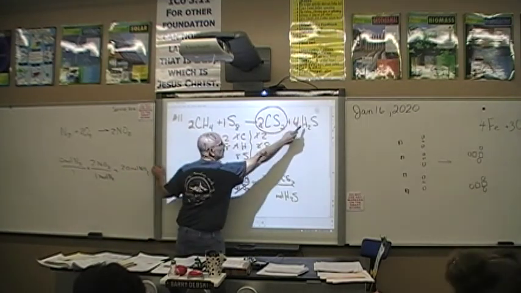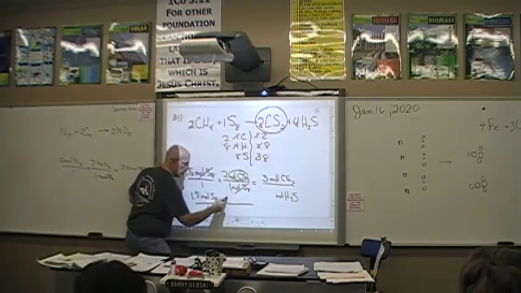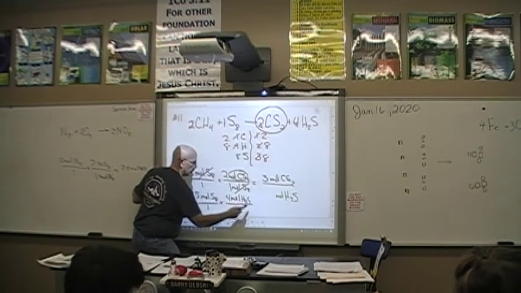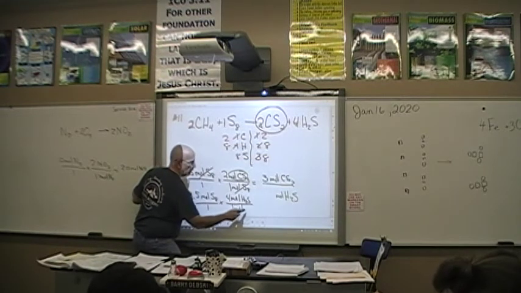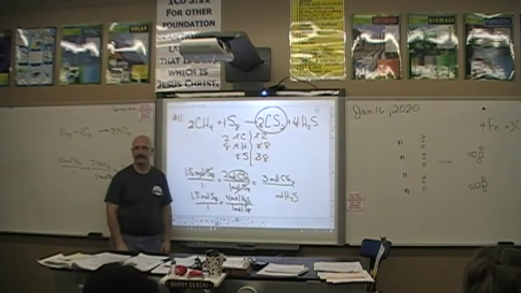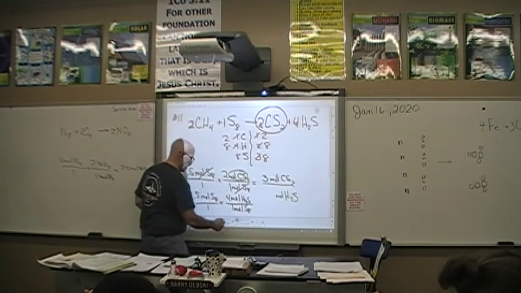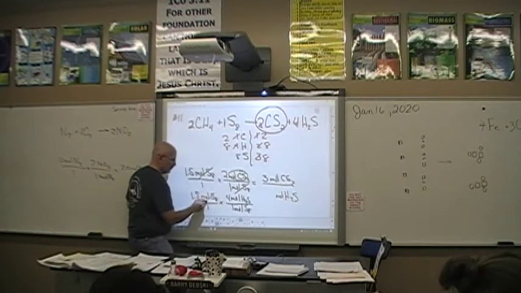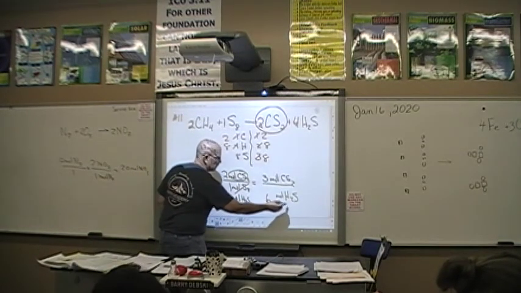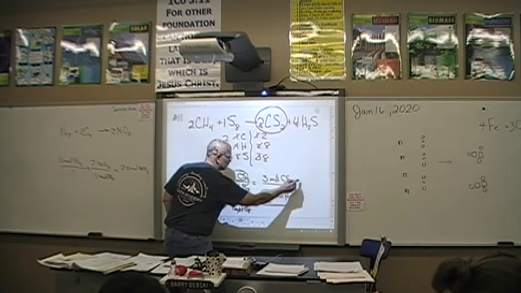The mole ratio for H2S is 4 to 1. And the math here is almost as hard. 4 times 1.5? 6. Good. And so my units cancel out here: moles of sulfur, moles of sulfur. The answer is 6 moles of H2S.